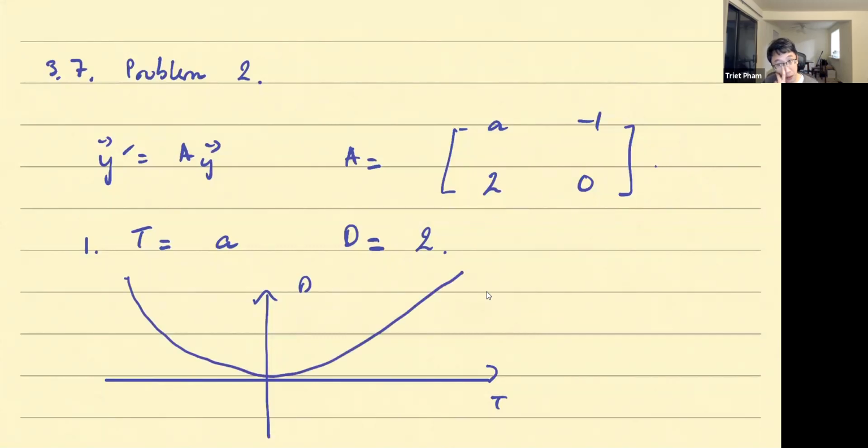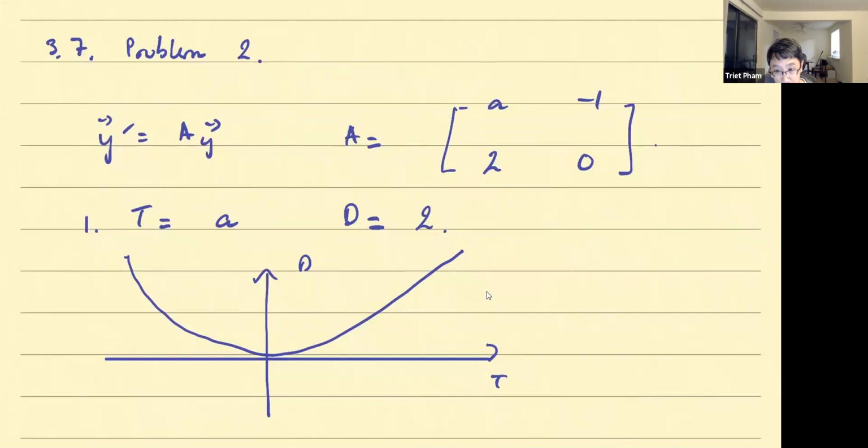How does this look as a parametric curve on this TD plane? What does it look like? Correct, exactly, a horizontal line.